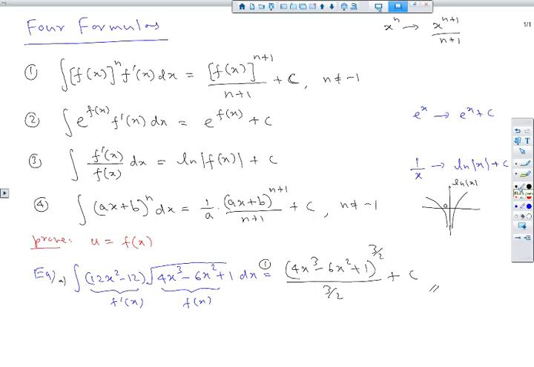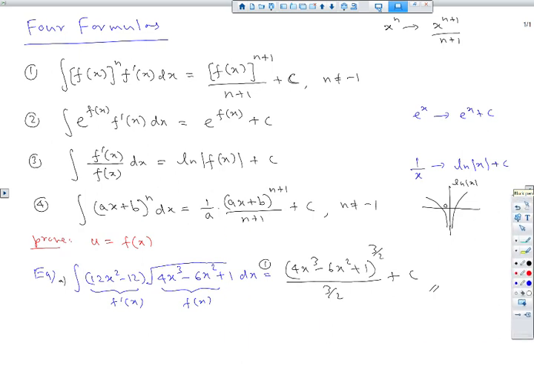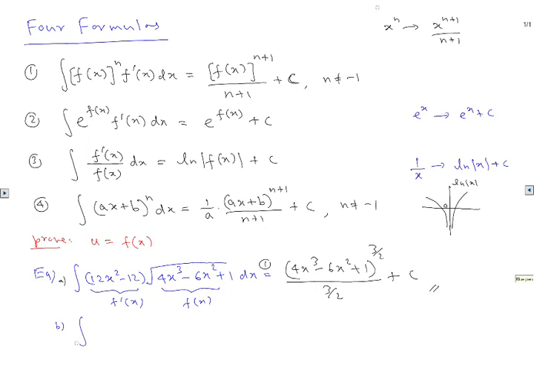Number 2. Let's do another one. How about this one? Number b. We have the integral of t times the square root of t squared plus 1, dt.